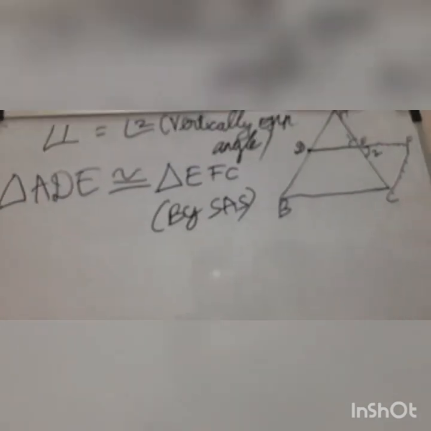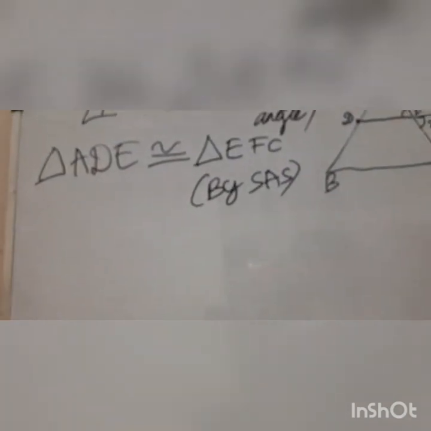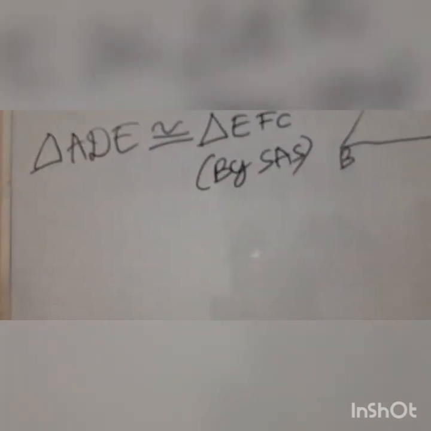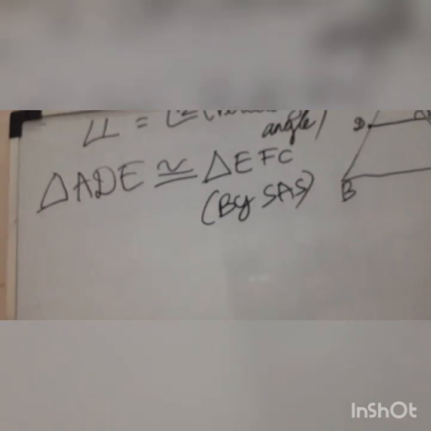You know what is meant by SAS? I mean, you know where we should use the SAS rule. Okay, let me remind you again. We should use the SAS rule if two sides and the included angle of one triangle are equal to two sides and the included angle of the other triangle.